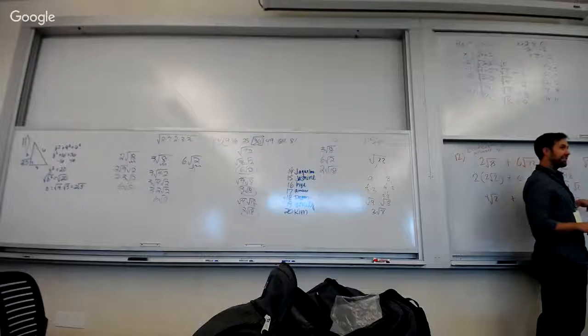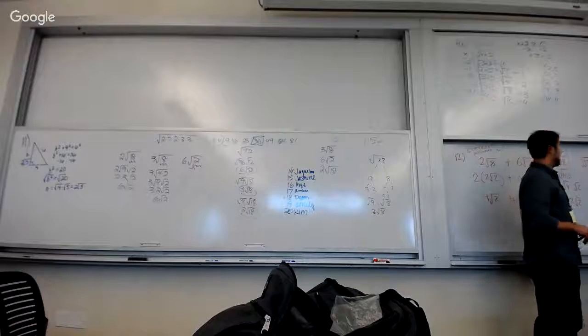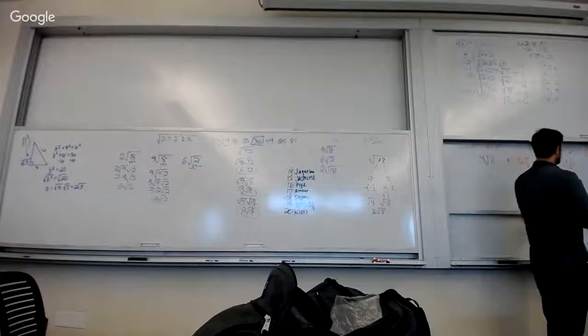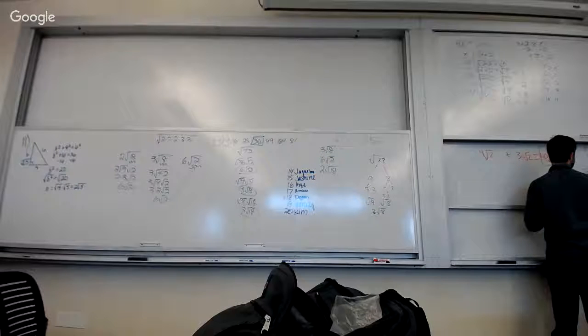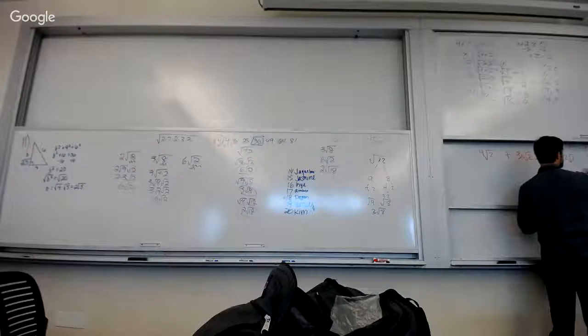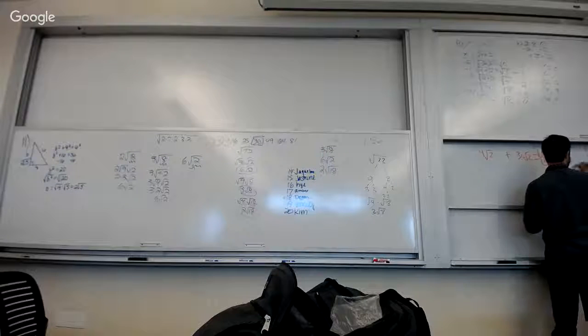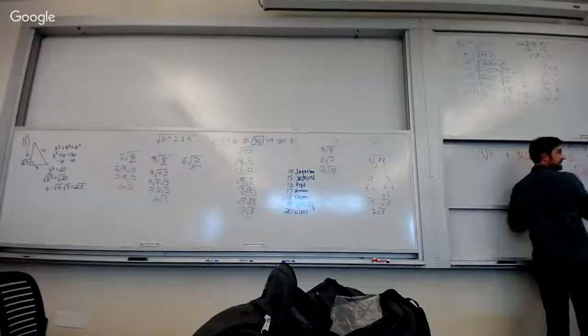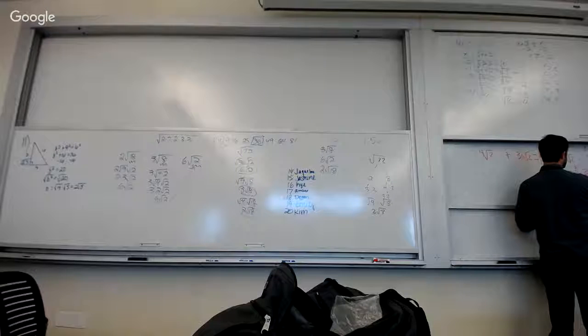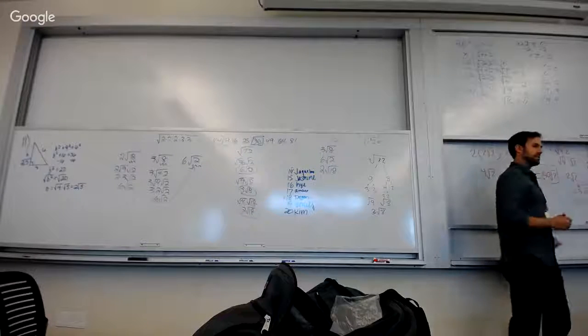And there's a 2 left, just a single leftover. Jesus, I think I know what you're trying to describe. You're saying that 72 is actually 2 times 2 times 2 times 3 times 3. And so you brought out a single pair of 2s and a single pair of 3s, and that's why 2 times 3 is 6. And then what's still left in the root is 2. Is that correct? Yeah.